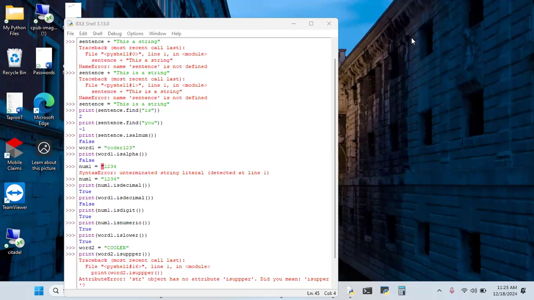It searches the string for a given value in its argument.